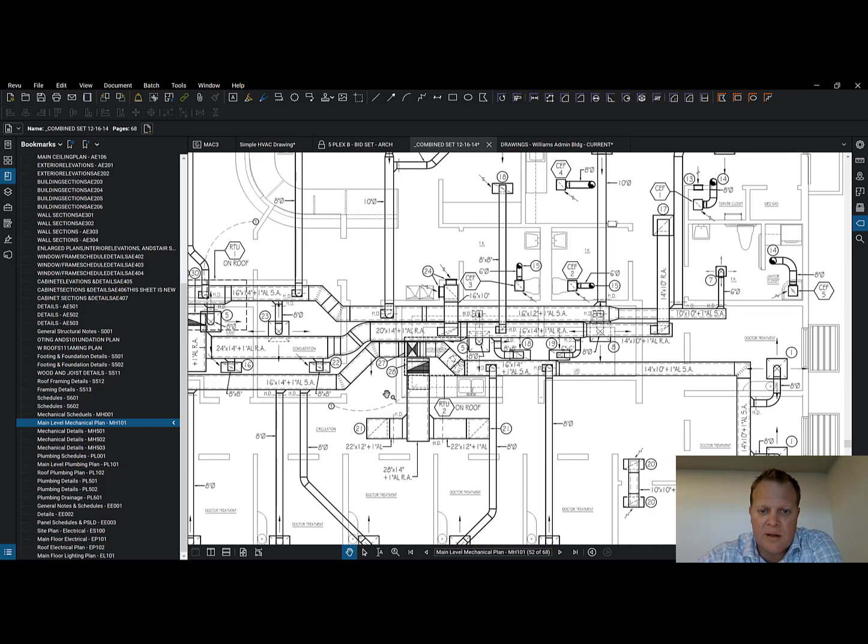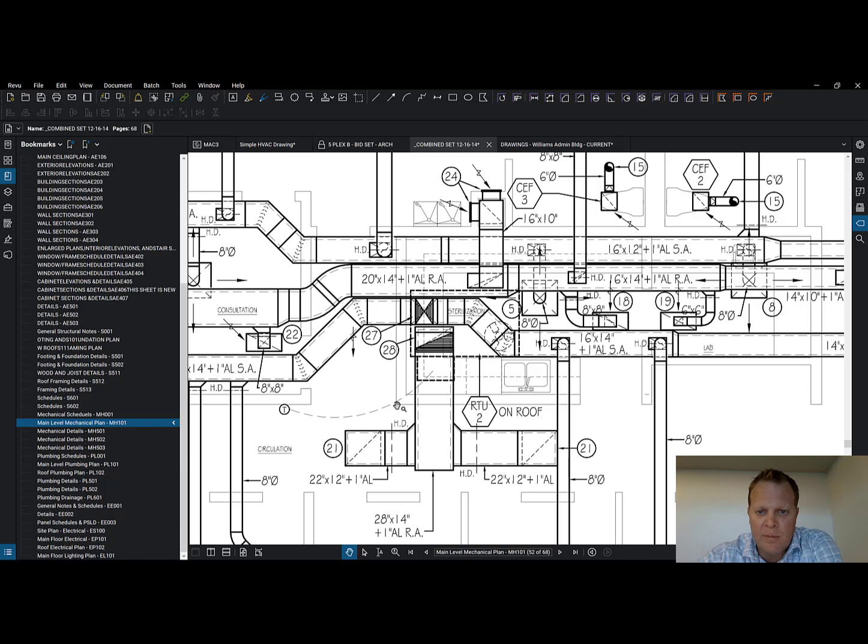We are seeing a rooftop unit. Do you see this little dashed line? Let me actually draw over the top of it. That right there. I'm going to move the line out of the way, offset a little bit. Do you see that? It's a packaged rooftop unit. Heating, cooling, probably.